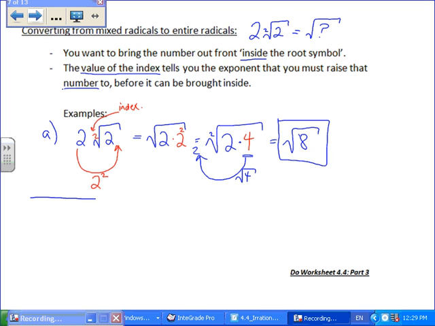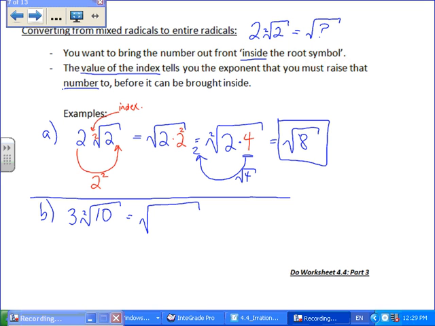Let's do another example. Let's do, for example, 3 times the square root of 10. Again, if you don't see that little index of 2, sometimes putting it in for yourself is really useful. So I want to represent this as an entire radical, which means I want just one number inside the radicand, or inside the root symbol.